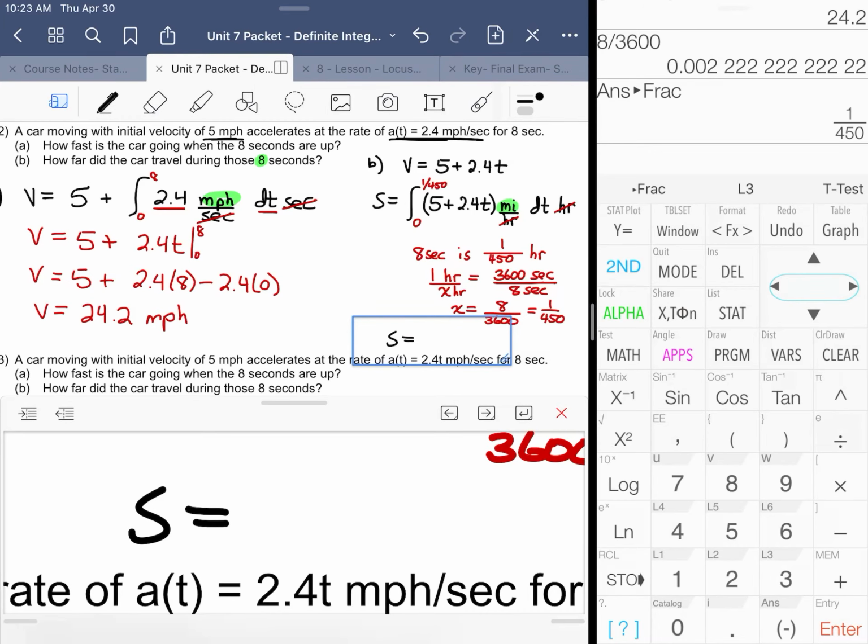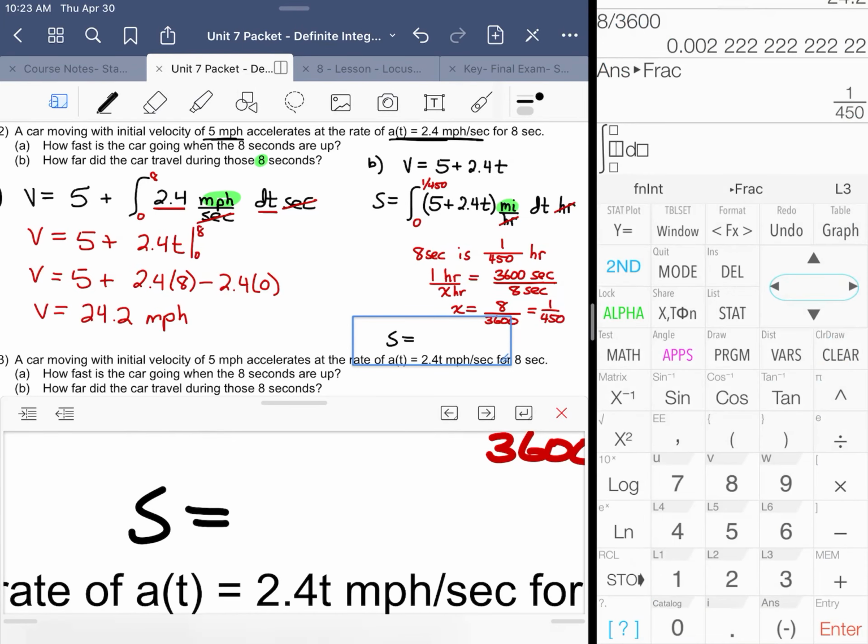So the unit conversion is actually the only thing in this problem that makes it somewhat challenging. But we will get a solution. S is going to be equal to, and this one will just crank in the calculator, math 9, 5 plus 2.4x, going from 0 to 1/450.